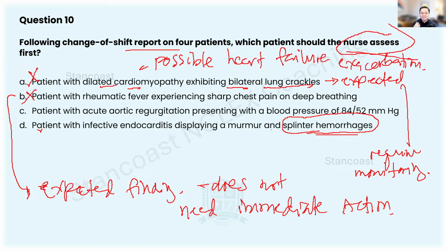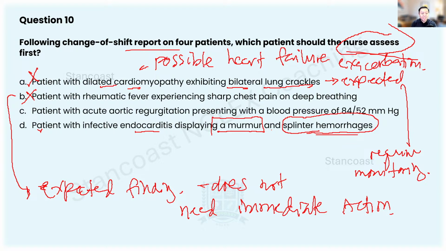So it's not even that significant. We are going to park this as well because the patient has a murmur, but we don't have any other manifestation. The murmur is an expected finding, but it doesn't really require immediate attention.